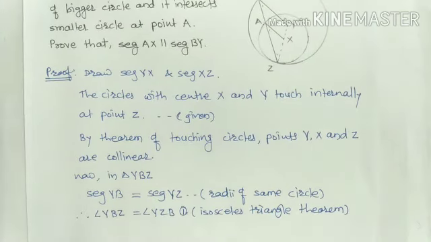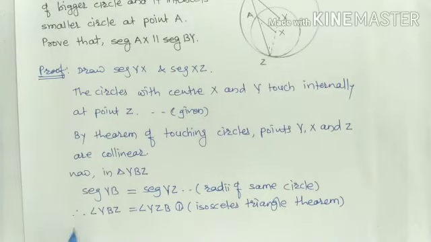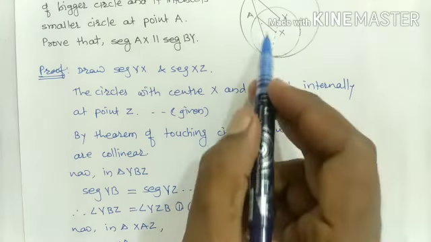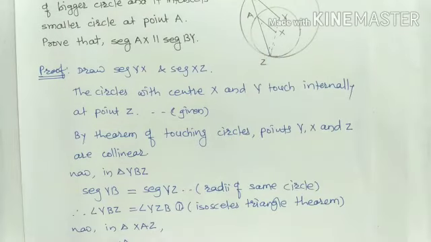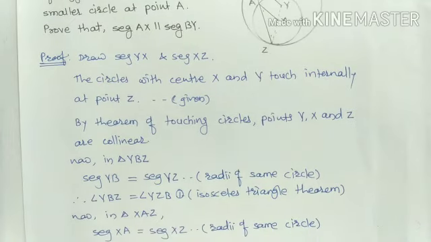Number 1. Now in triangle XAZ, see in figure, segment XA equals segment XZ, radii of the same circle, and therefore angle XAZ equals angle XZA.